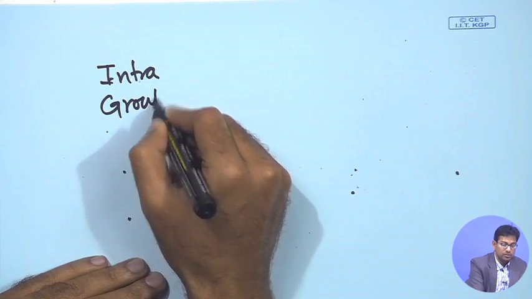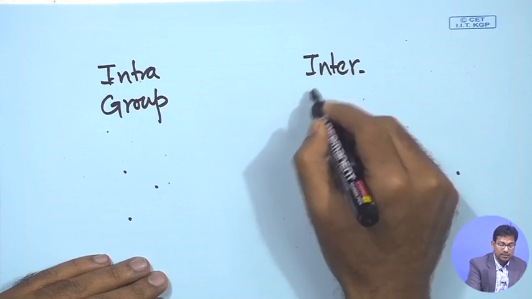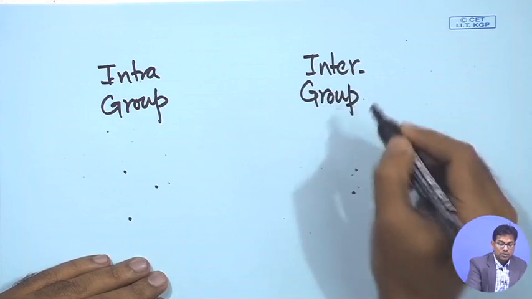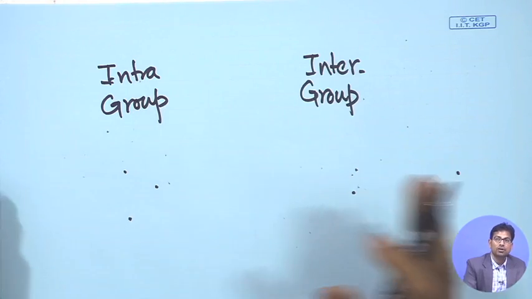Now, if we look at the next two types, there is intra-group communication and intergroup communication. Human beings are social animals. Human beings always tend to live in a group, and different communities and groups are formed based on the different kinds of entities they have been assigned to, and based on that these groups also communicate in a particular fashion.